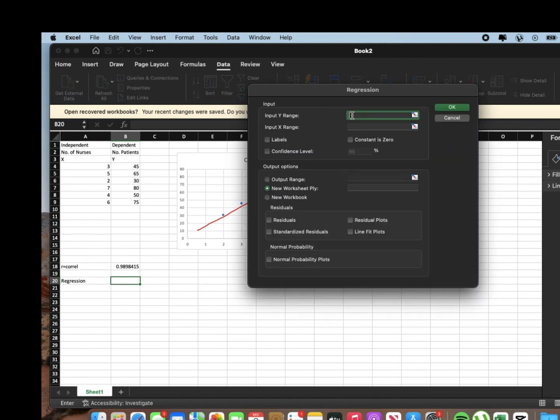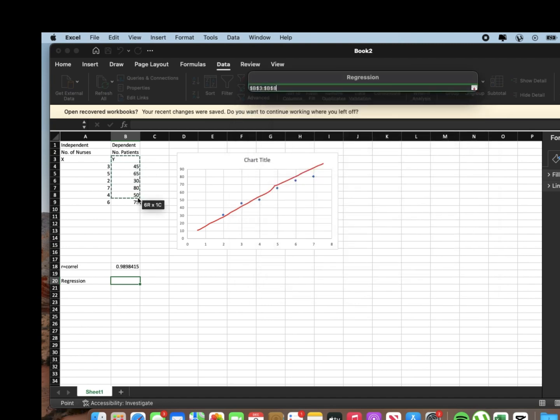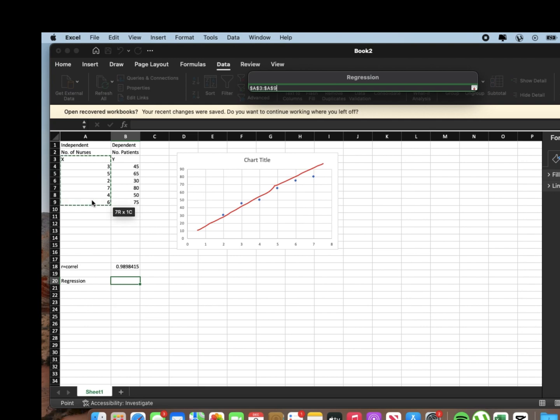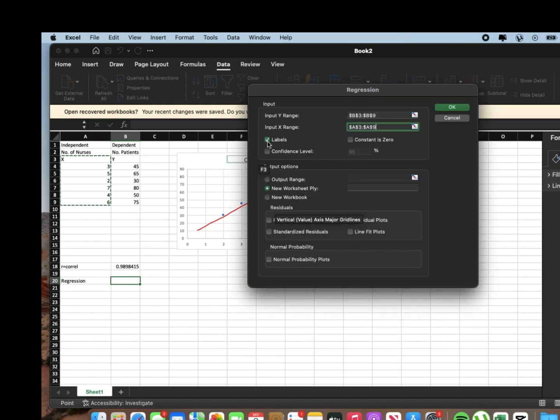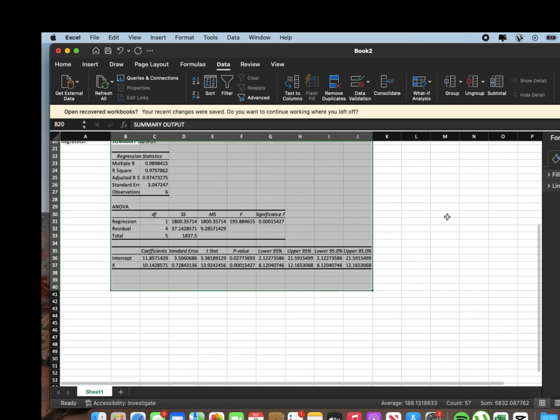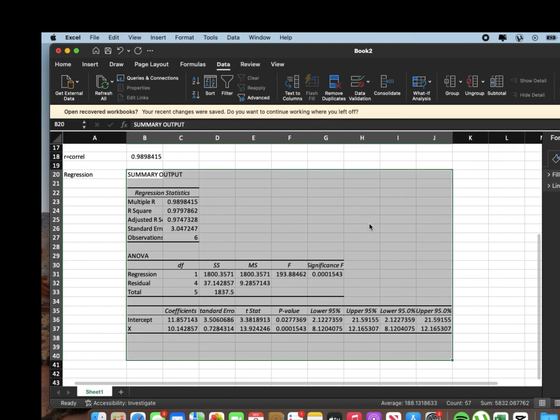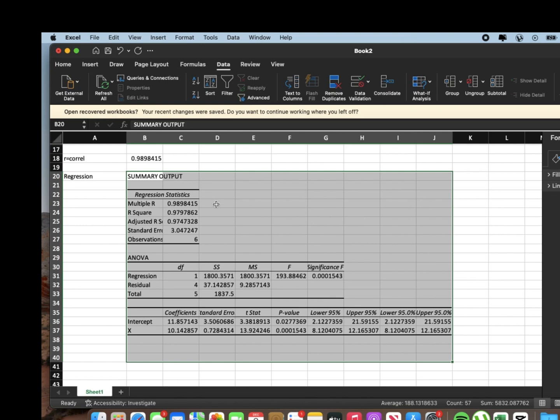The input range will be the Y. Let's click in this one, and the X range will be this one. Again, you include labels, and for your output range, you would like to put this somewhere here. After that you click on OK. So this will now be your summary output, and I will be highlighting the most important information that you should take note of with this summary.